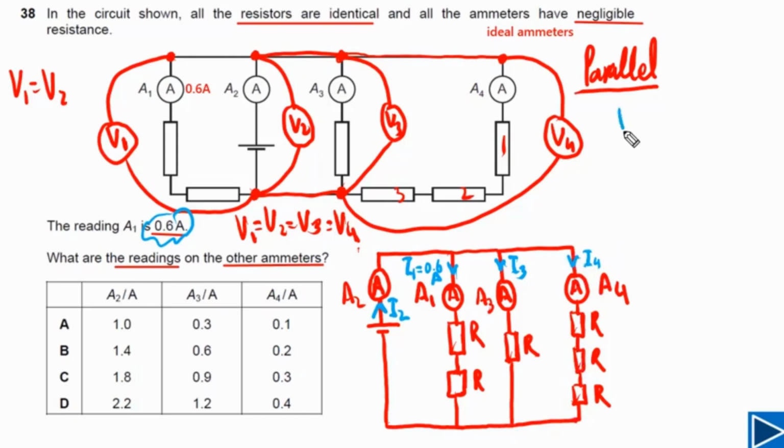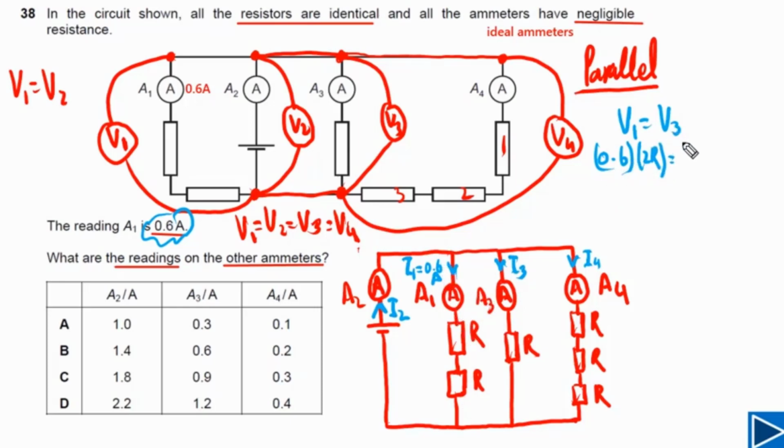First of all, look at V1, and V1 is equal to V3. If we look at V1, this is equal to 0.6, the current passing through this branch, times its resistance, and its resistance is 2R because we have said the resistance of each resistor is R and these two resistors are connected in series, so the total resistance of this branch is 2R.